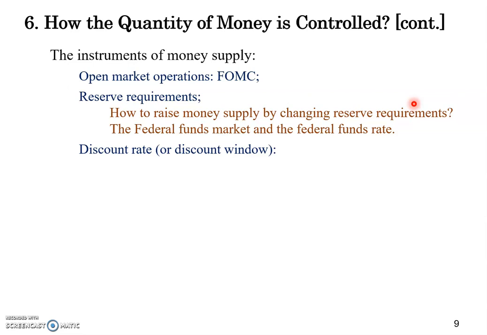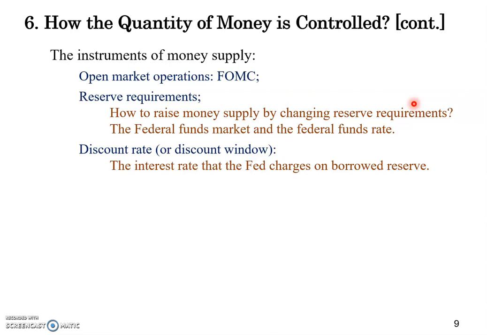It's called the discount rate, or discount window. This is the interest rate that the Federal Reserve charges on the borrowed reserves. Why is it called the discount rate? Because this rate is more like the wholesale price on the market, so it's lower than, as we said before, the car loan rate or the mortgage rates. Sometimes much lower than that.